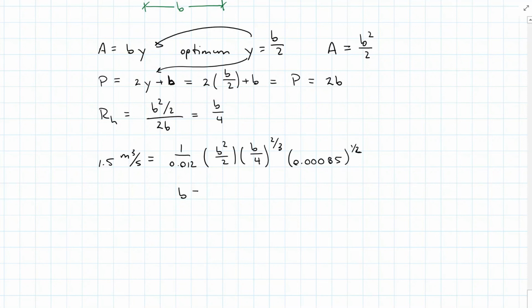And working it all out for b, I get about 1.18 meters, meaning my y is going to be 0.59 meters.